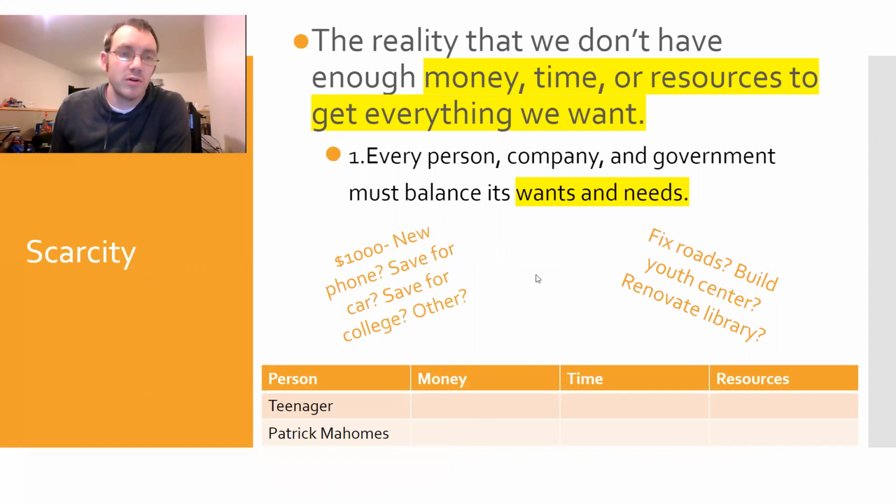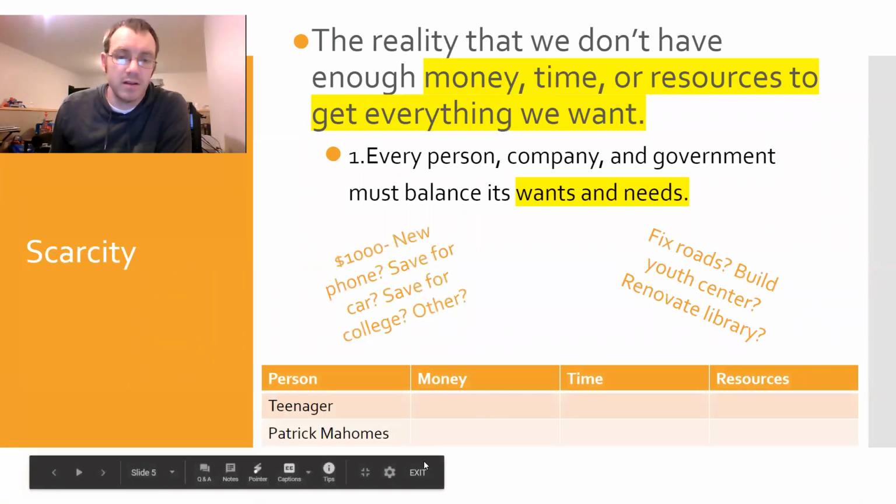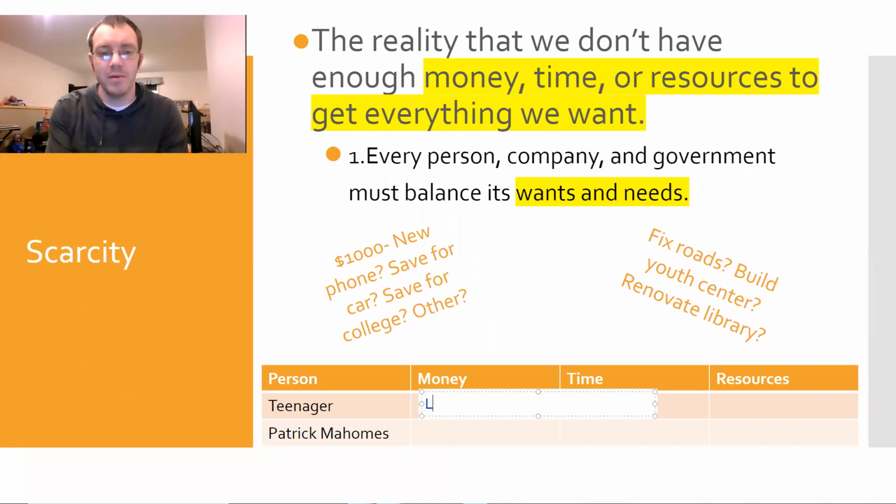And I think at Patrick Mahomes, you think, yeah, he's got everything he wants. Well, does he? If you think about the money aspect of it, let's see if I can get fancy here with some of my annotating things. Here we go. A teenager probably lacks money, right? They'd love some money, but they might not have enough. And then you go over to time.